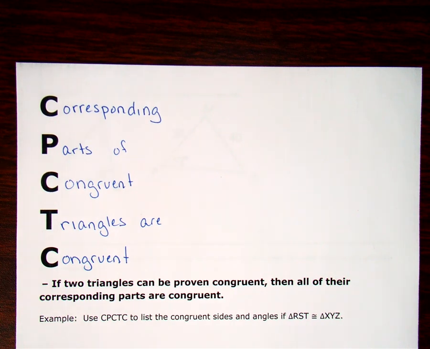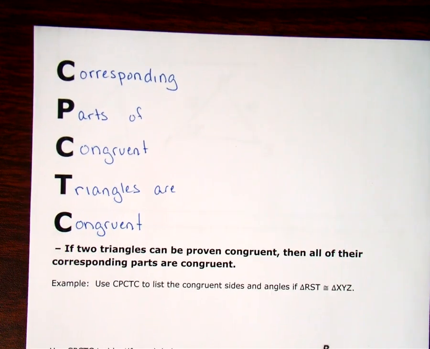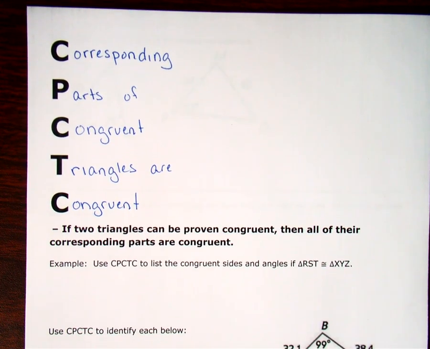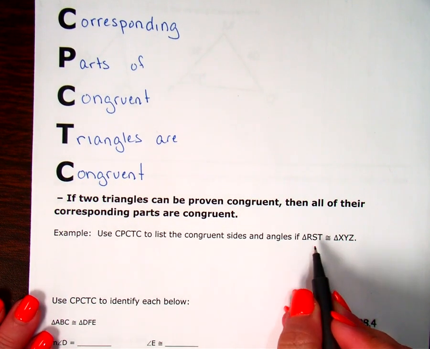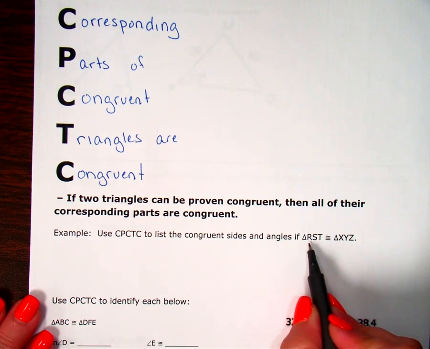Okay, so we're going to use this idea of CPCTC to list congruent sides and angles of triangle RST, which is congruent to triangle XYZ. So even though I don't have a picture, I can go ahead and tell you what parts are congruent using CPCTC. I know that in my congruent statement, order is important.